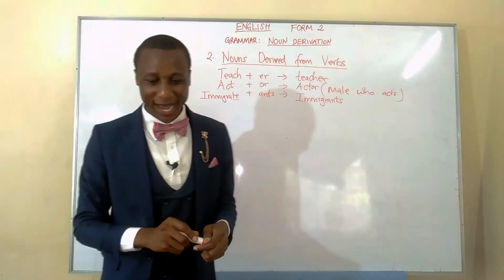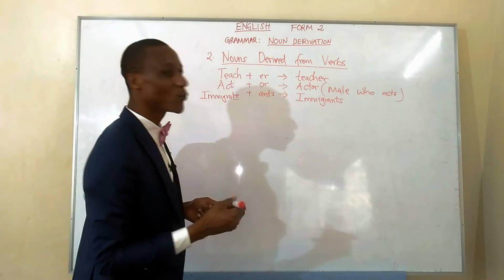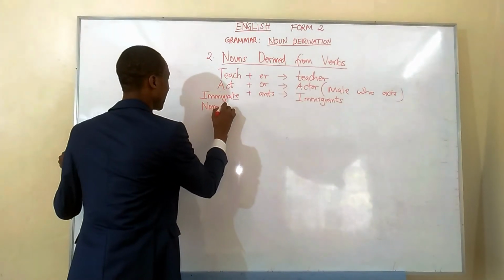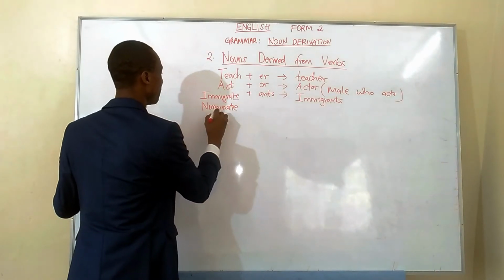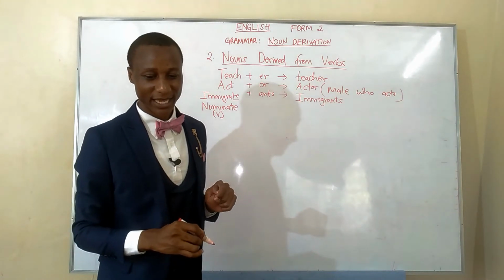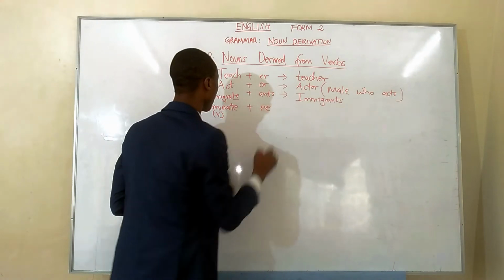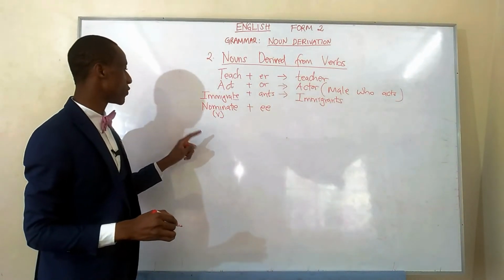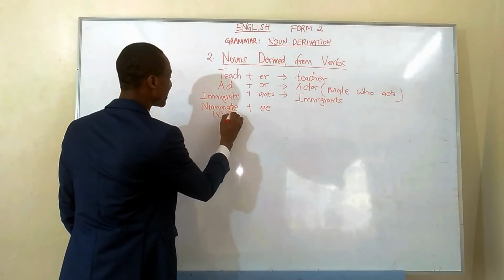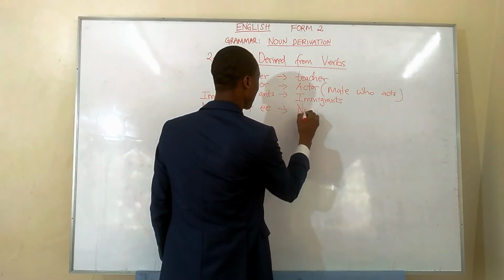You can also add the suffix ee to nominate. Nominate here is a verb. When you add the suffix ee, you will have to drop ate so that you form nominee.